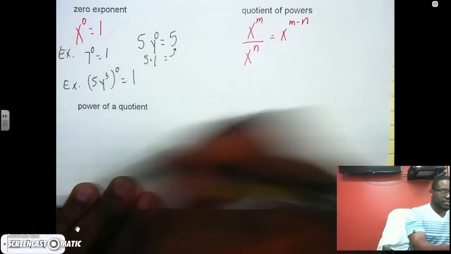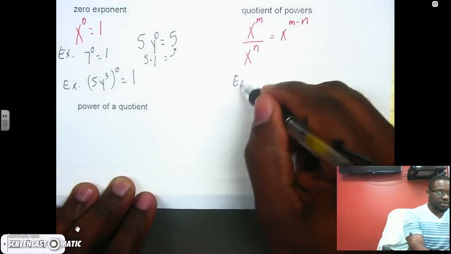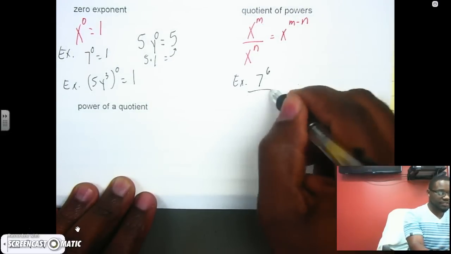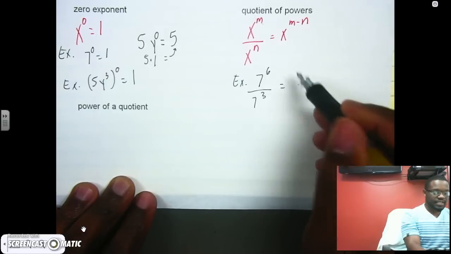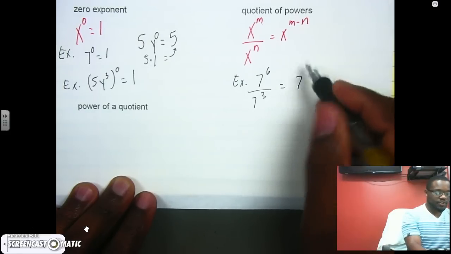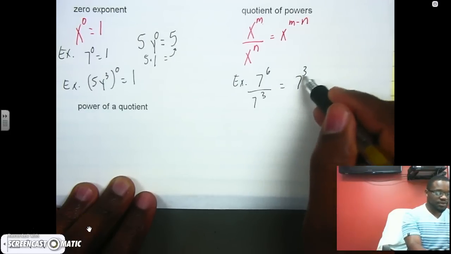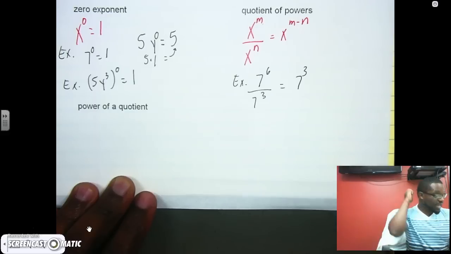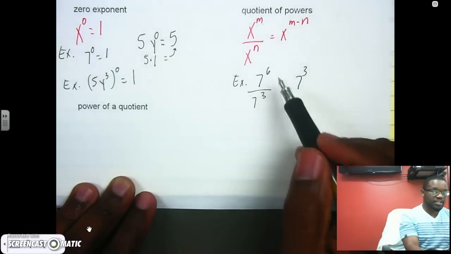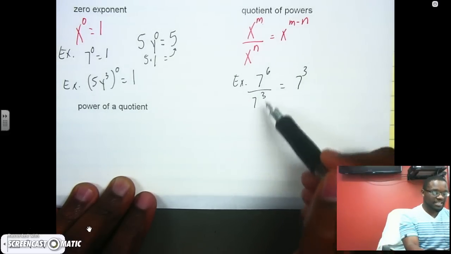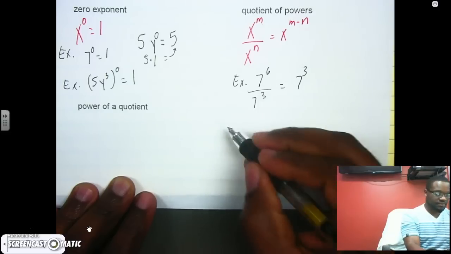An example of this would be 7 to the 6th divided by 7 to the 3rd. 6 minus 3 is 3. Notice I don't divide the 7s to get 1. You just subtract the top and the bottom, in the order of top minus bottom, exponent that is.